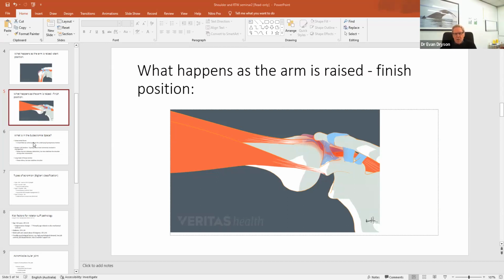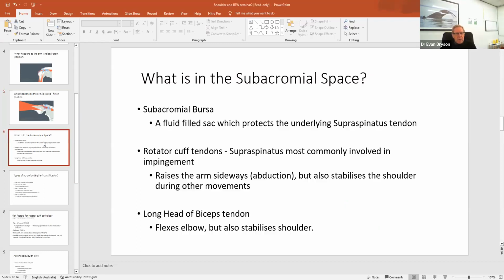Because the top of the humerus is not circular but oval, in fact, the subacromial space gets narrowed as you raise your arm, with the potential of pinching, squeezing, rubbing on the structures inside the subacromial space. If we could just go back a couple of slides.